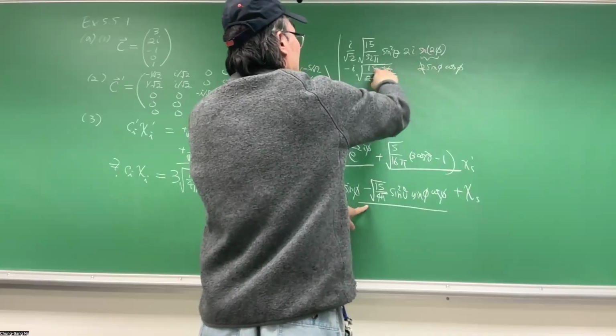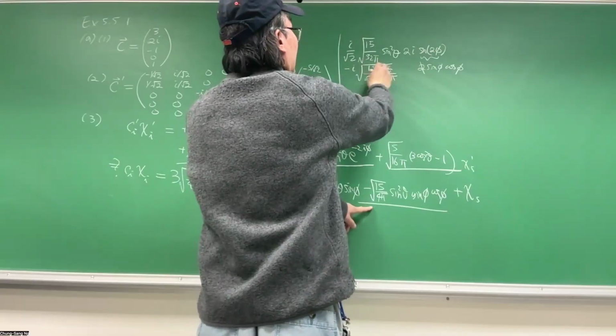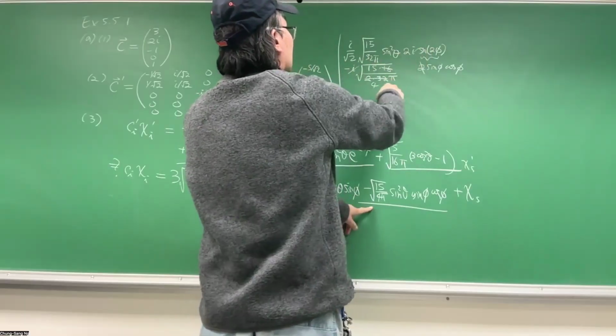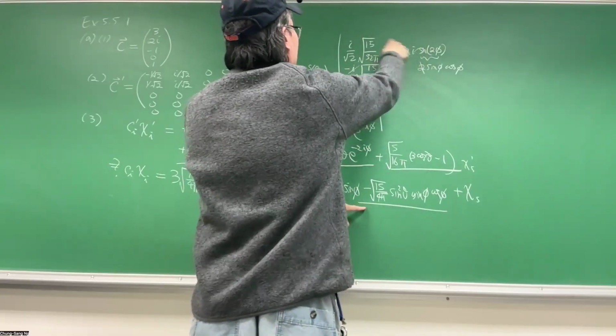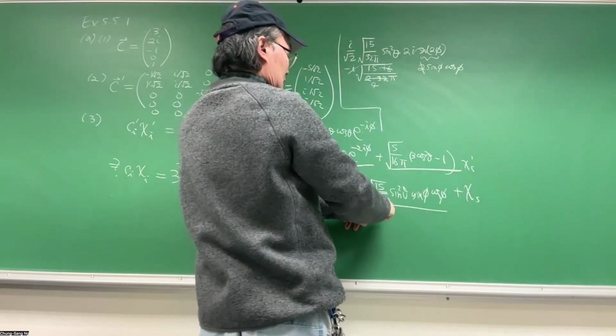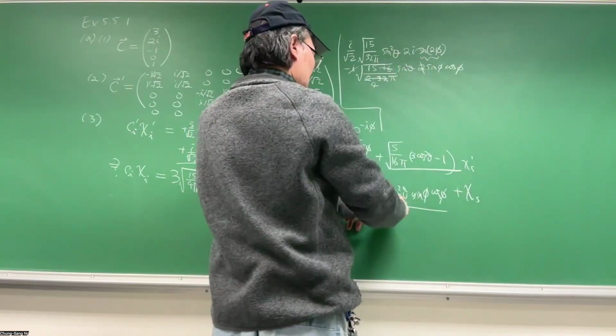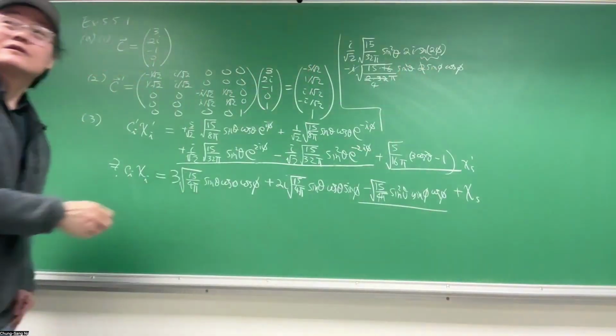We get rid of the minus i; i and i cancel only. You don't have an i, and i times i becomes minus 1. So minus 15 over 4 pi sine squared theta sine phi cosine phi. So this works out, right?